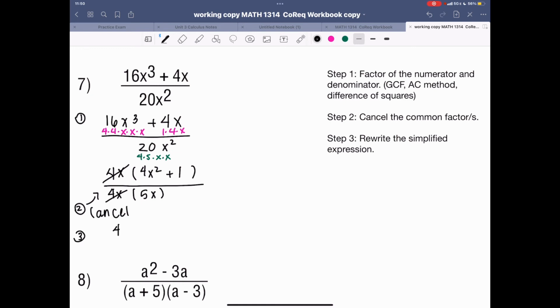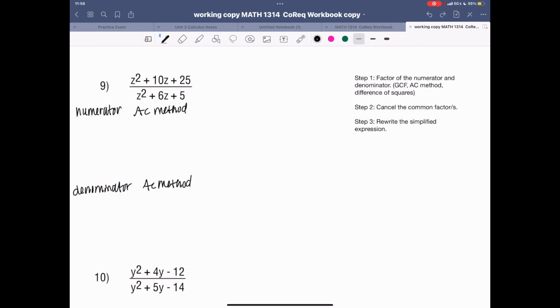So we're left with whatever's in the parentheses. You just take out the parentheses. So 4x squared plus 1 over 5x. And that's your solution. Number 9, z squared plus 10z plus 25 divided by z squared plus 6z plus 5.